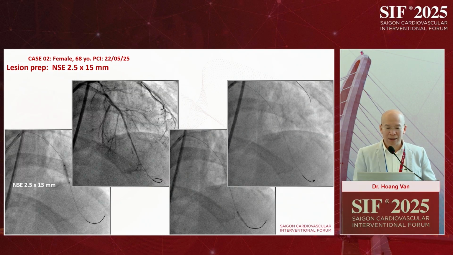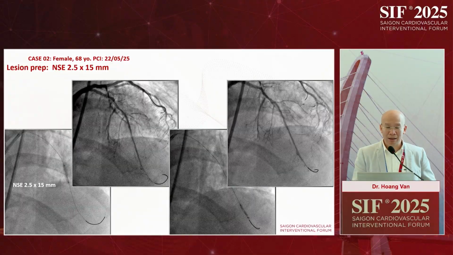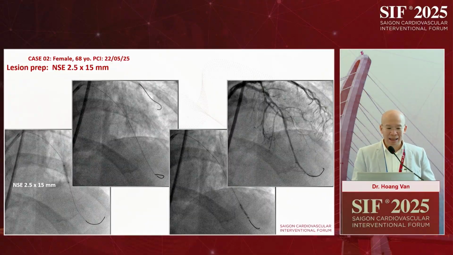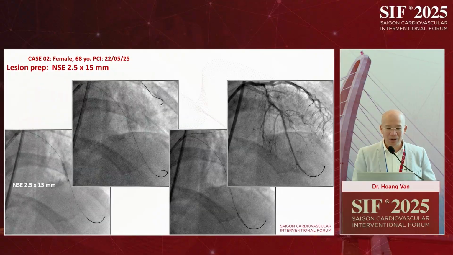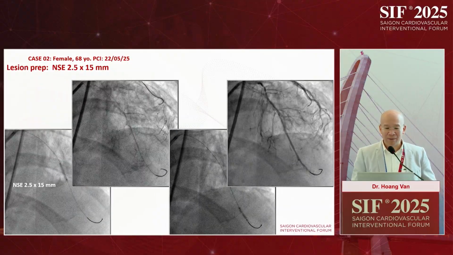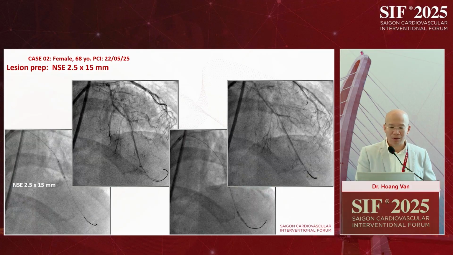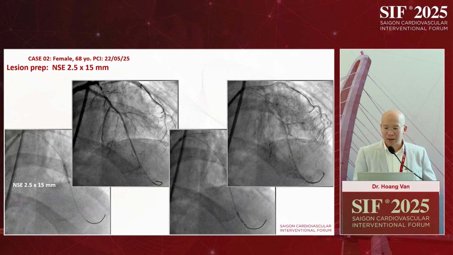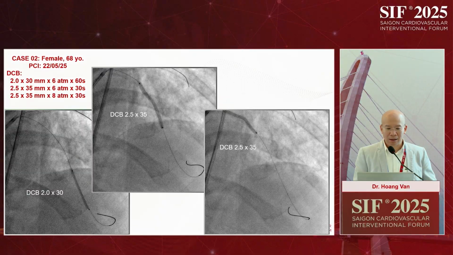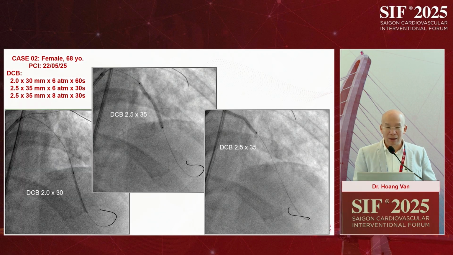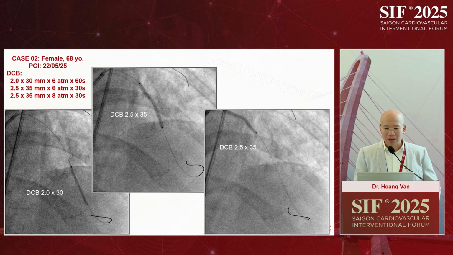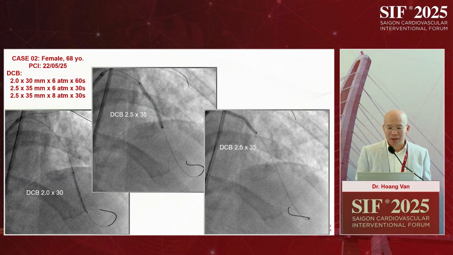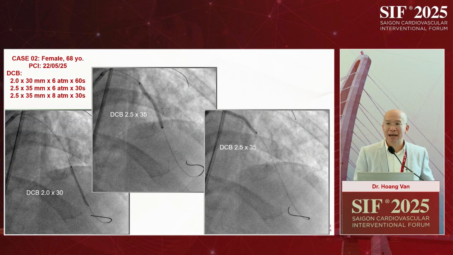After the wire successfully crossed the lesion, we prepared the lesion with a scoring balloon 2.5 by 15 from distal to proximal. After that, we used 3 DCBs from distal to proximal, so the whole lesion was covered by DCB.